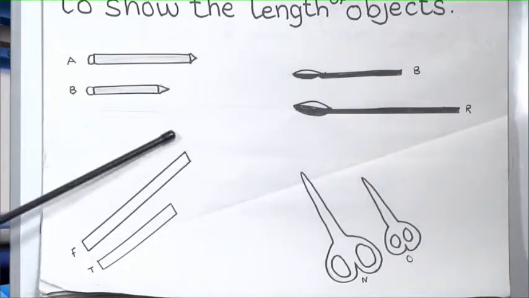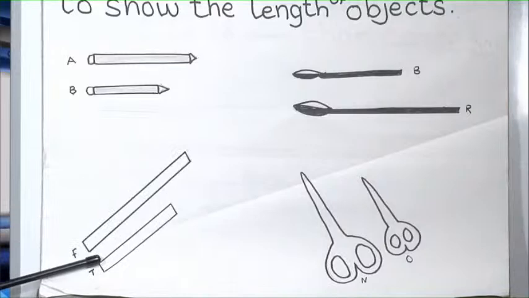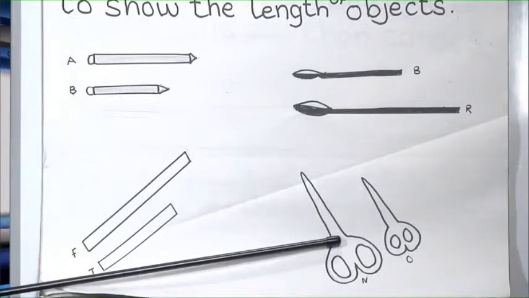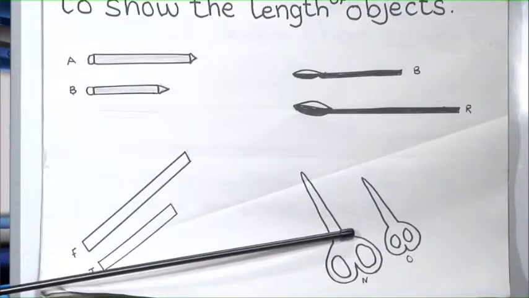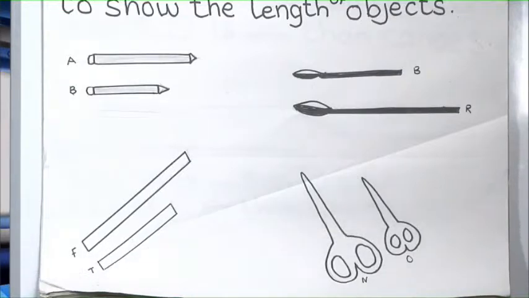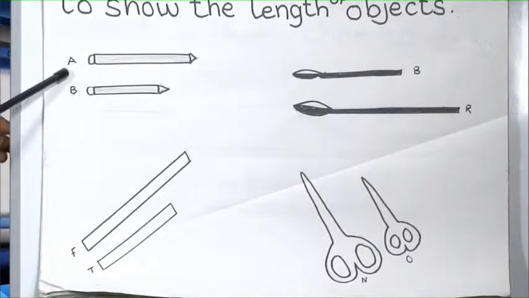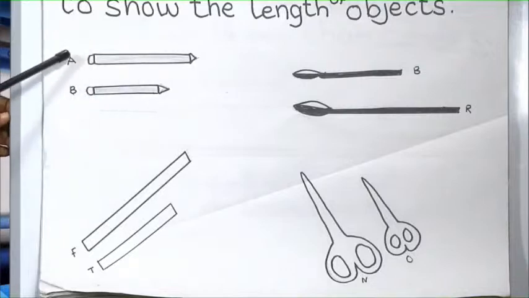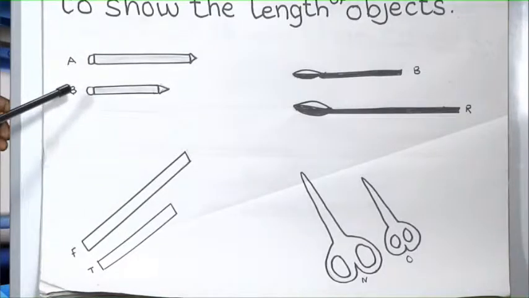The next, sticks. Then the last picture, the pair of scissors. Now let's look at it. Compare pencil A to pencil B.